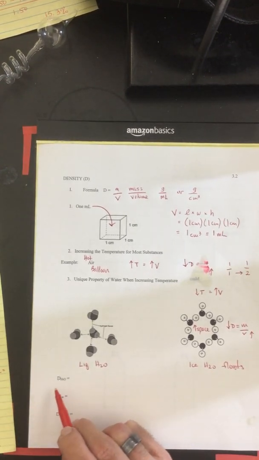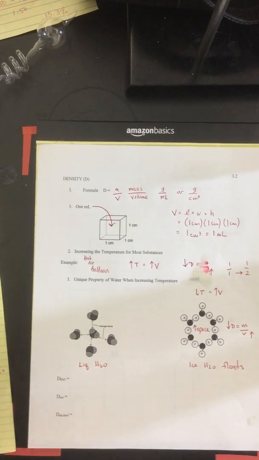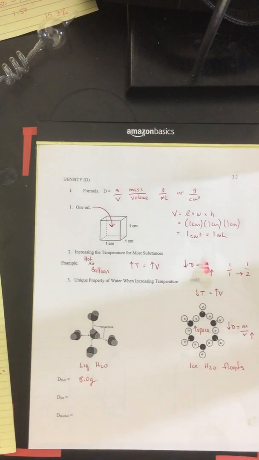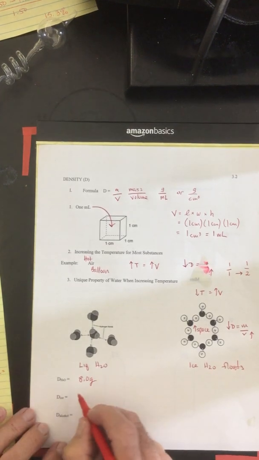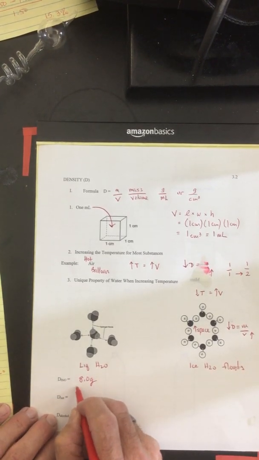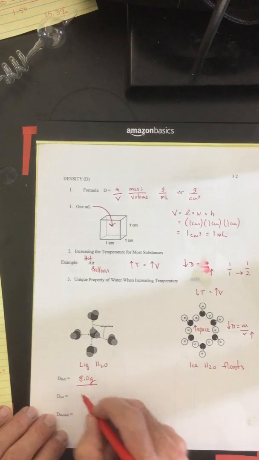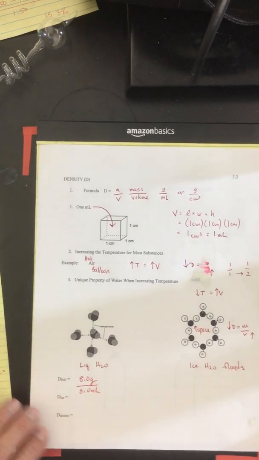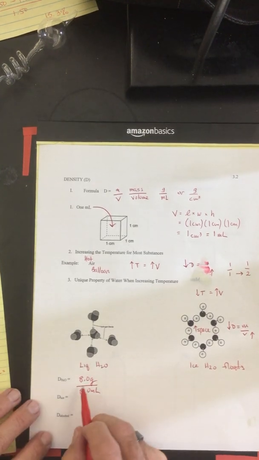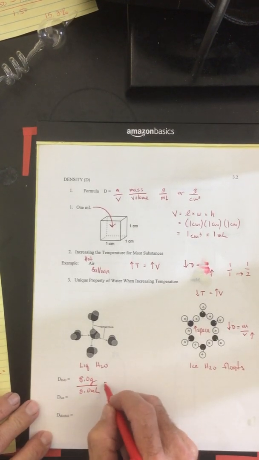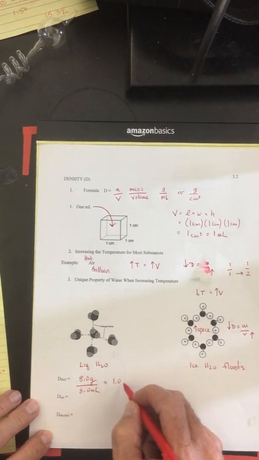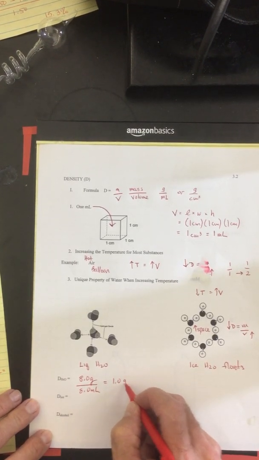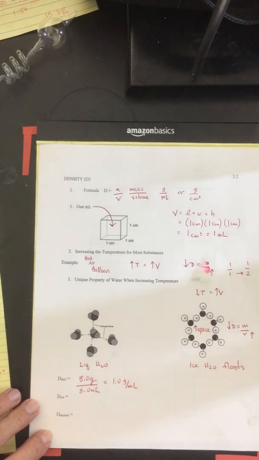So the density of water, let's say I have 8.0 grams of water, and my volume of 8 grams will actually be 8.0 milliliters. So to calculate the density, I take 8 divided by 8, and that will give me 1.0. And what are my units? It's going to be 1.0 grams per milliliter.